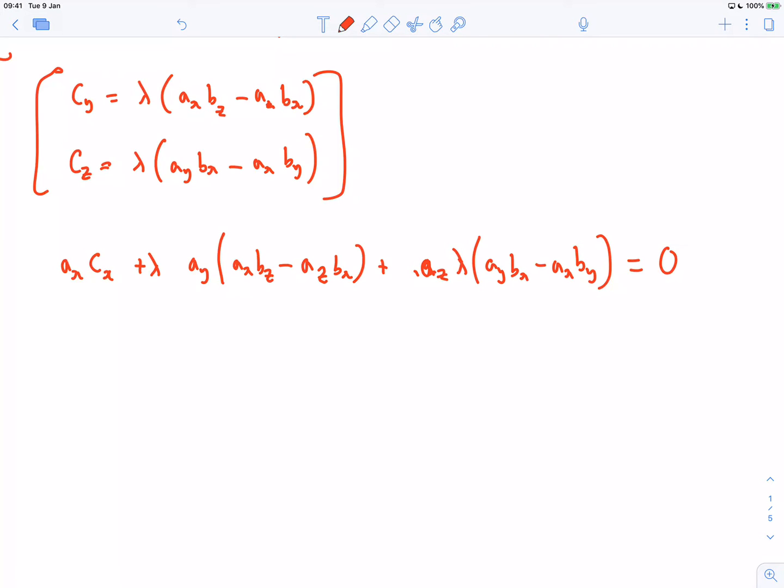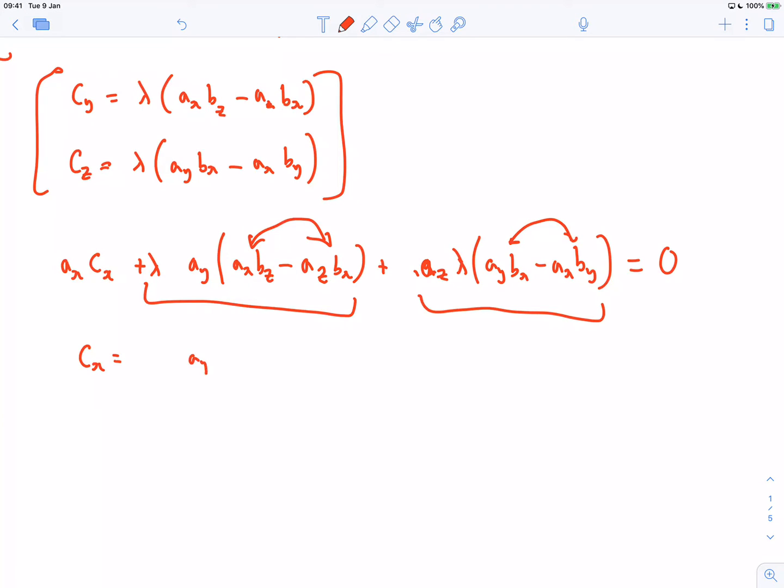And now I'm just going to get CX as the subject. So I'm going to get CX equals, and then when I minus this whole thing and minus this whole thing, then essentially I can just get them to the other side and swap these brackets around, take a factor of -1 out.